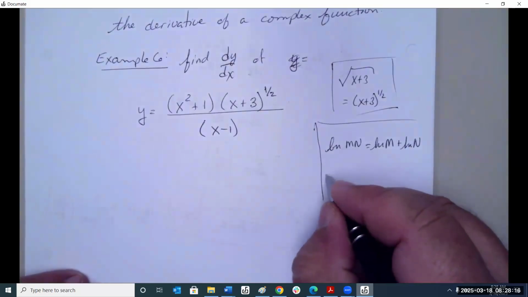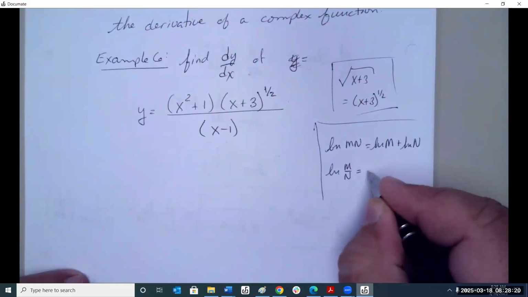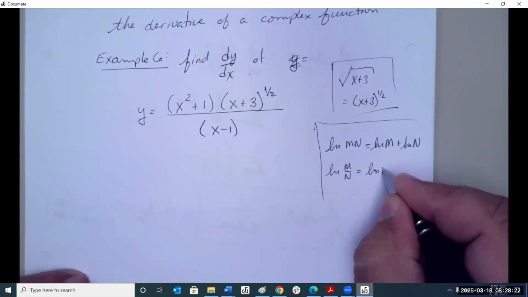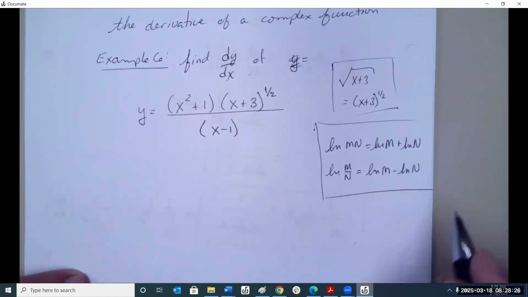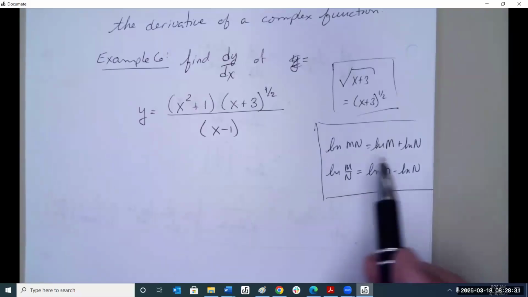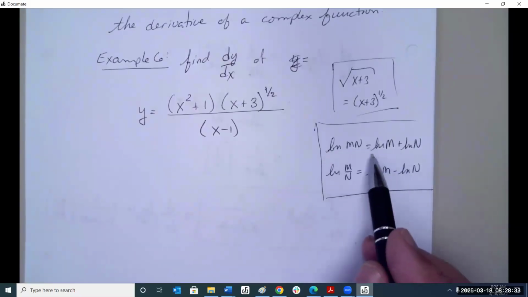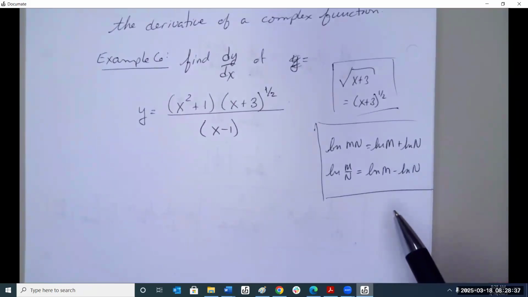If you have a division problem, then you can subtract them. So the ln of m times n is the same thing as ln m plus ln n. If it's division, it's subtraction.